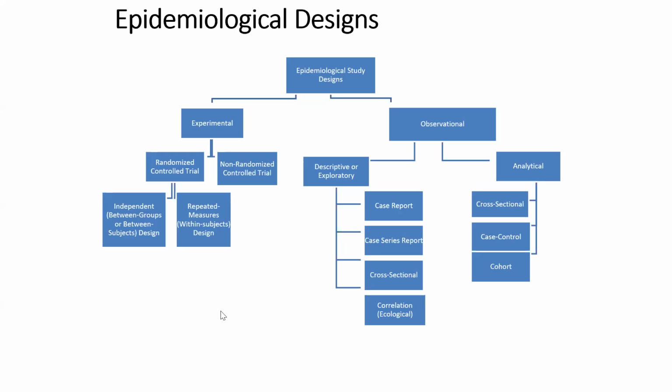And what you do is you follow these people up in time to identify the occurrence of the disease in the 2 groups. What that means is that cohort 1 will be smokers and cohort 2 will be non-smokers. Cohort 1, presence of the risk factor, smoking. Cohort 2, absence of the risk factor, non-smokers.